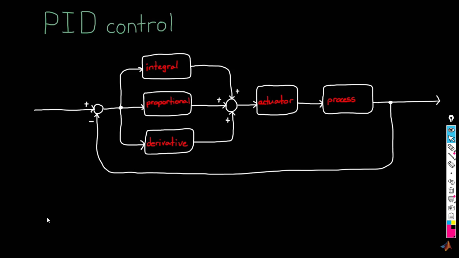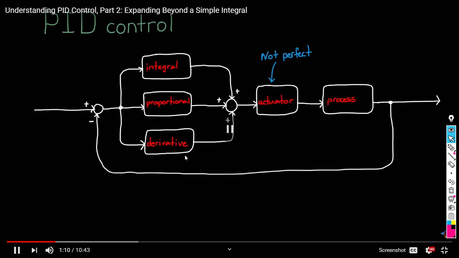So here's the problem. In real life, actuators aren't linear systems. They can't perfectly follow any arbitrary command. So the actuators in practice are not linear systems. What do we mean by that?